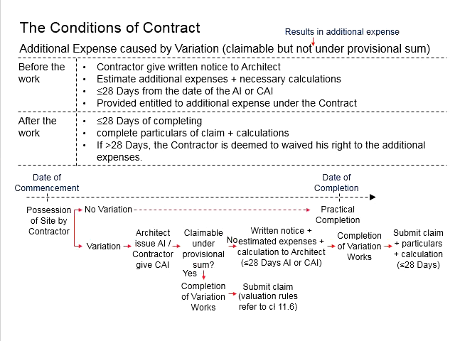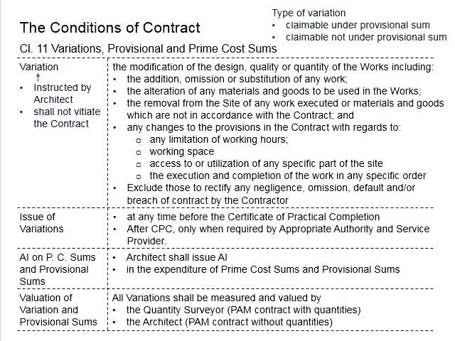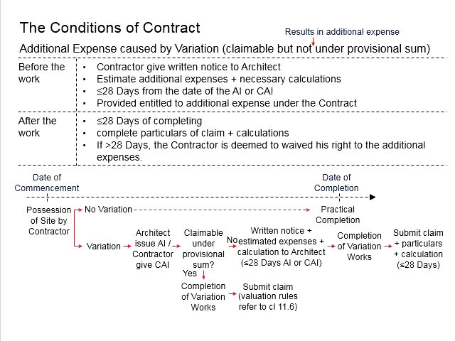Now let us look at this timeline and the flowchart for us to have a better understanding regarding the claim for the variations. First, we know that under normal circumstances, the variations can trigger any time before the certificate of practical completion. Therefore, variations can happen somewhere in between the date of commencement and the date of completion.